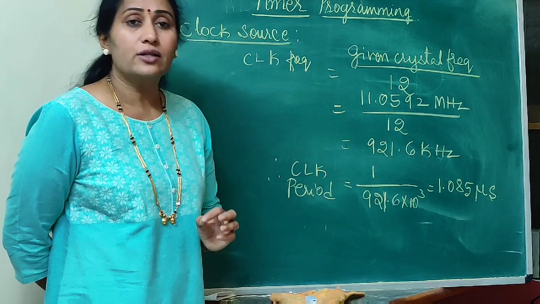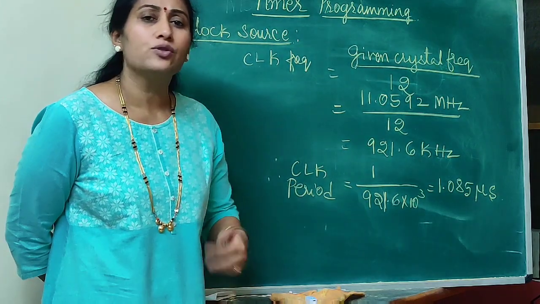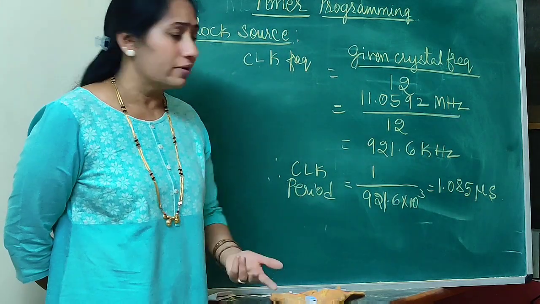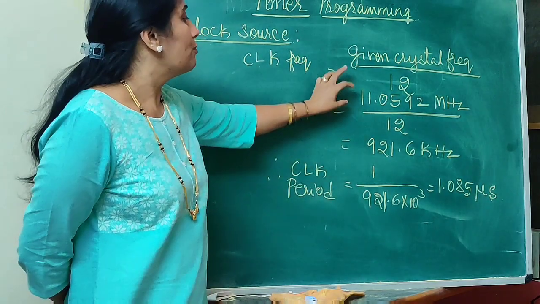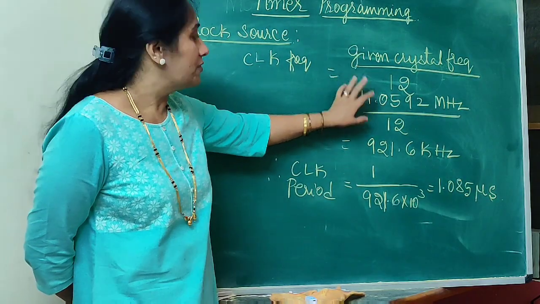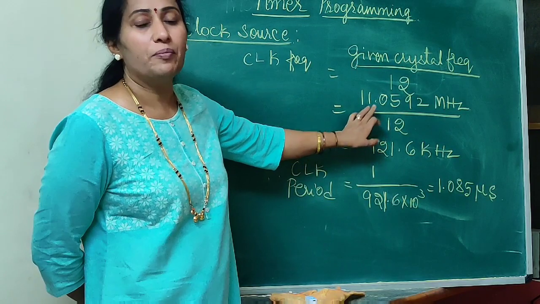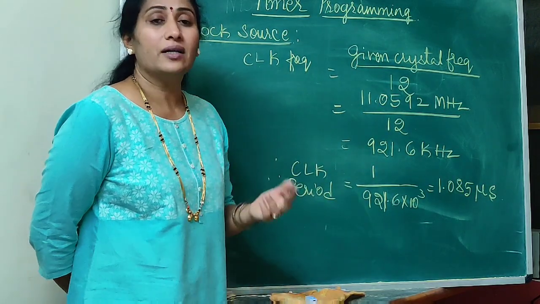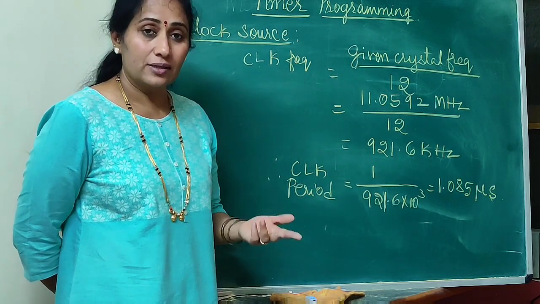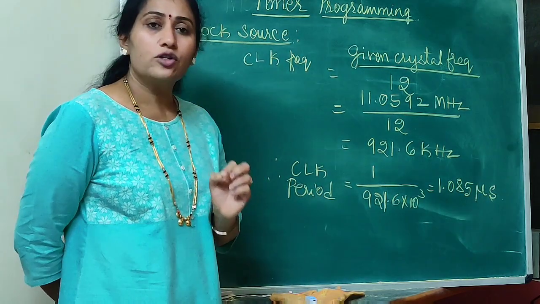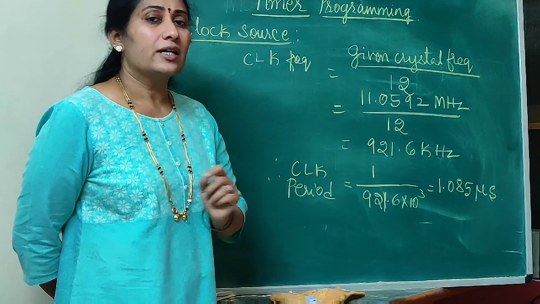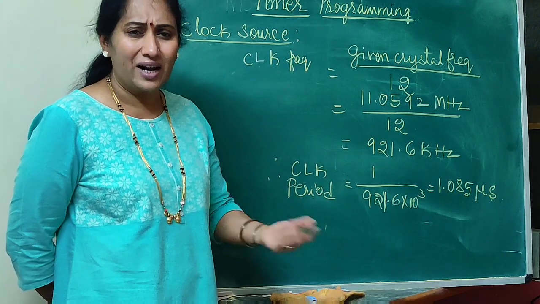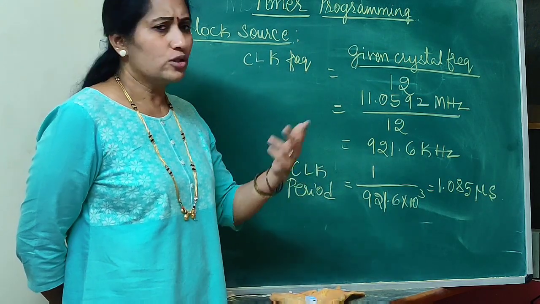Usually in the question paper, if they don't give the crystal frequency, and if they ask to calculate the time delay produced by a particular timer, then you have to take by default the crystal frequency equal to 11.0592 megahertz. Suppose they want to give some other crystal frequency, then they are going to specify in the question paper that the crystal frequency is so and so, 12 megahertz, 16 megahertz or whatever it is.